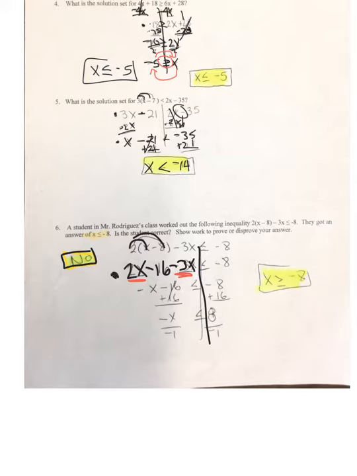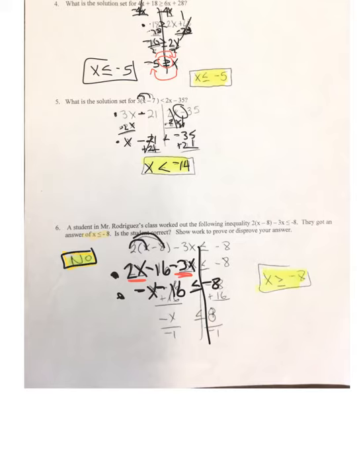Negative 2x minus 3x. 2 minus 3 is negative 1. So this becomes negative x minus 16, less than or equal to. This negative 8 hasn't done anything yet.